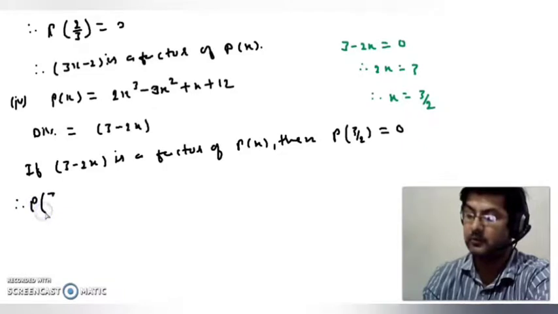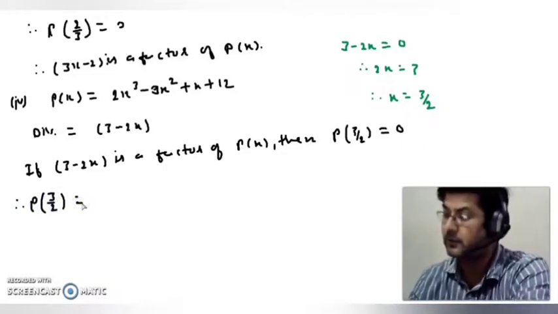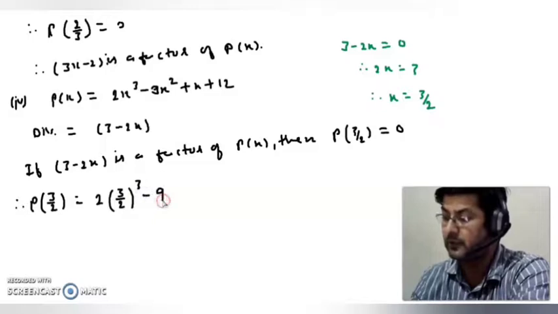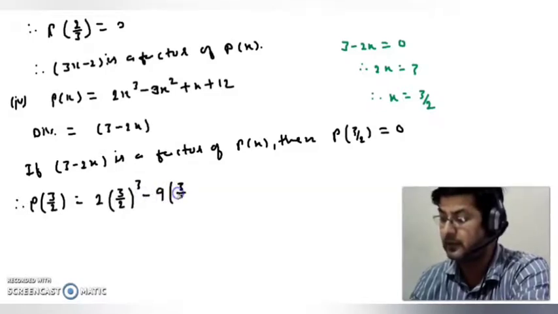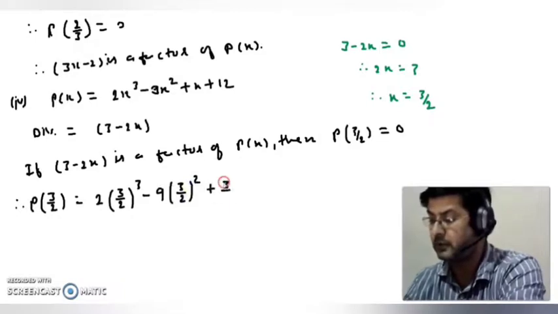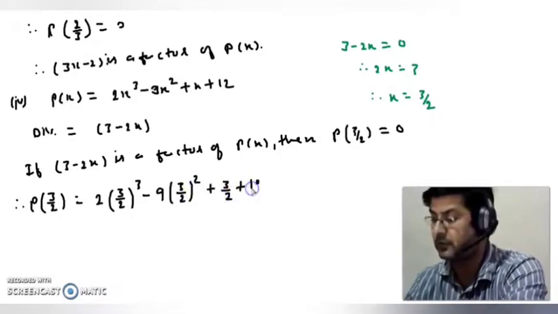Therefore, P of 3 by 2 is equal to 2 into (3 upon 2) the whole cube minus 9 into (3 upon 2) the whole square plus 3 upon 2 plus 12.